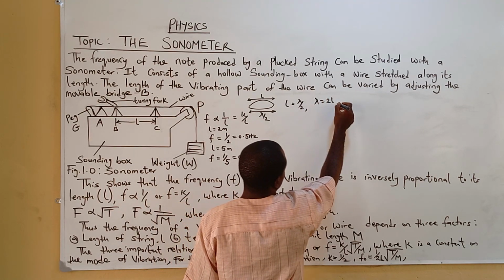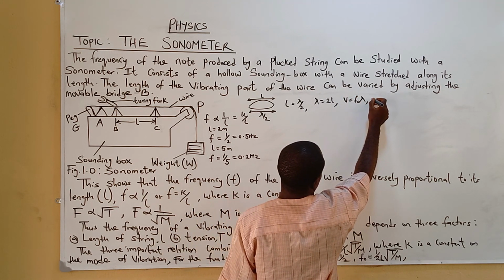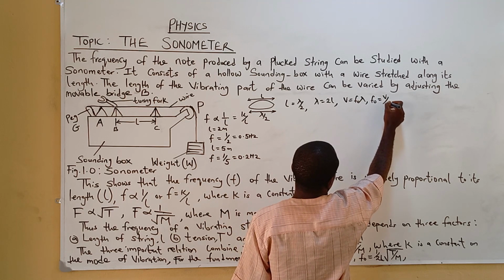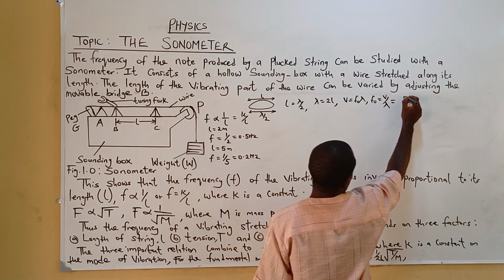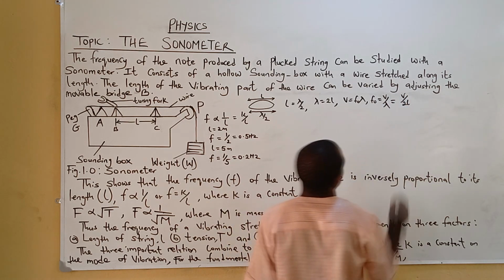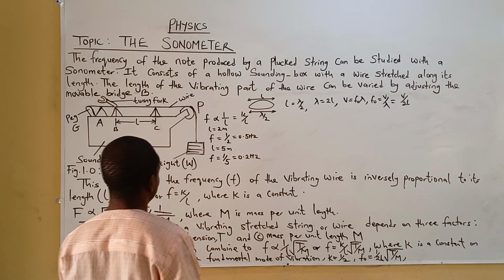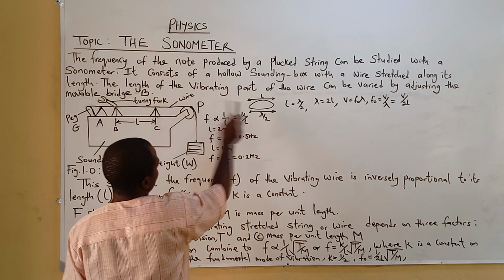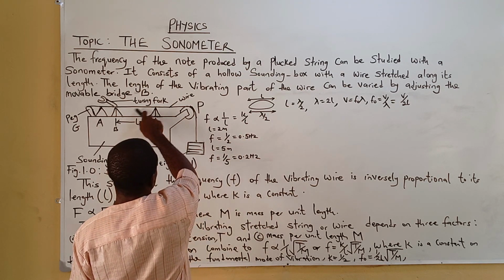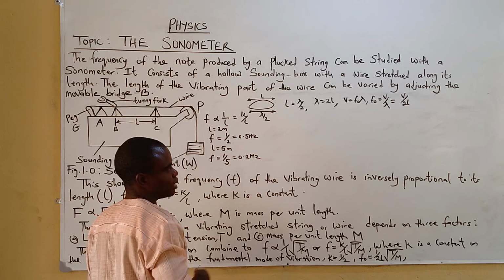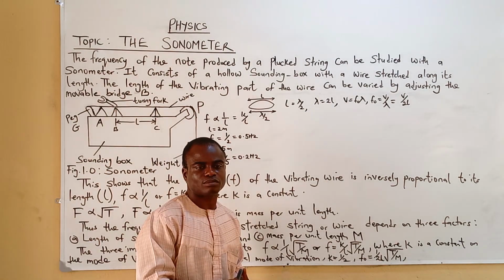Lambda equals 2L. Your v equals f naught lambda. f naught equals v over lambda. Replace your lambda with 2L: v over 2L. Now we are going to make use of the same thing. When you have vibration here, the first one will be lambda over 2, the loop. When it vibrates, it gives us the fundamental frequency before the other loops come up.